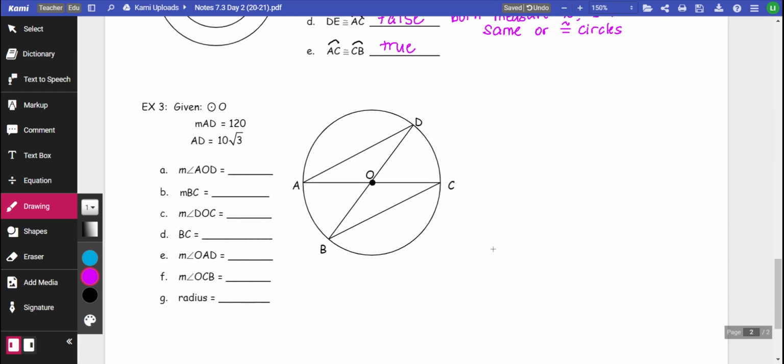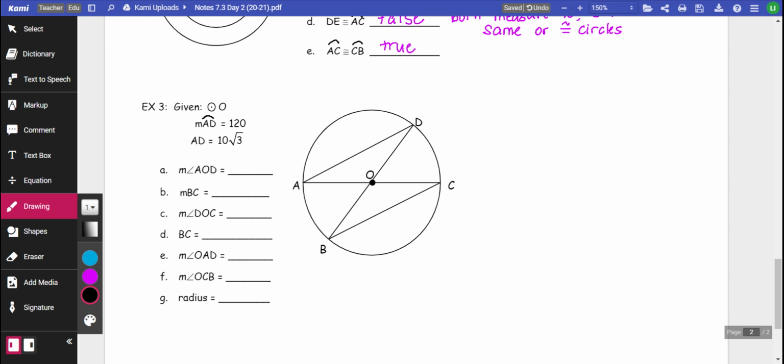Example 3. We're given three pieces of information here. We're given circle O, so I know that is the center of my circle. The measure of arc AD is 120 degrees, and the length of segment AD is 10 root 3.